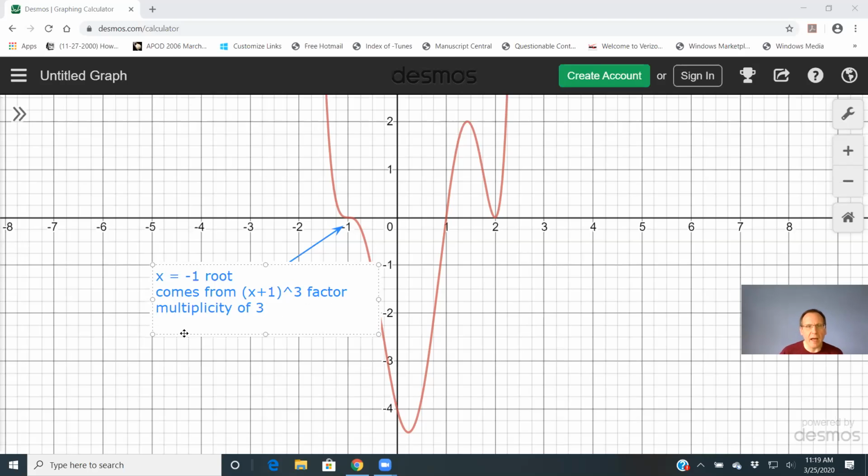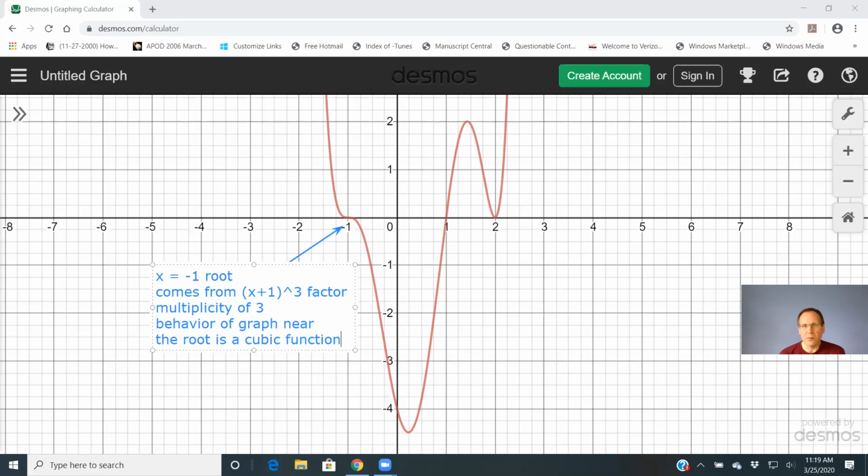And if you look at the shape of the graph right near the root, it looks like a cubic function. So the behavior of the graph near the root is a cubic function, which makes sense because it's something cubed.